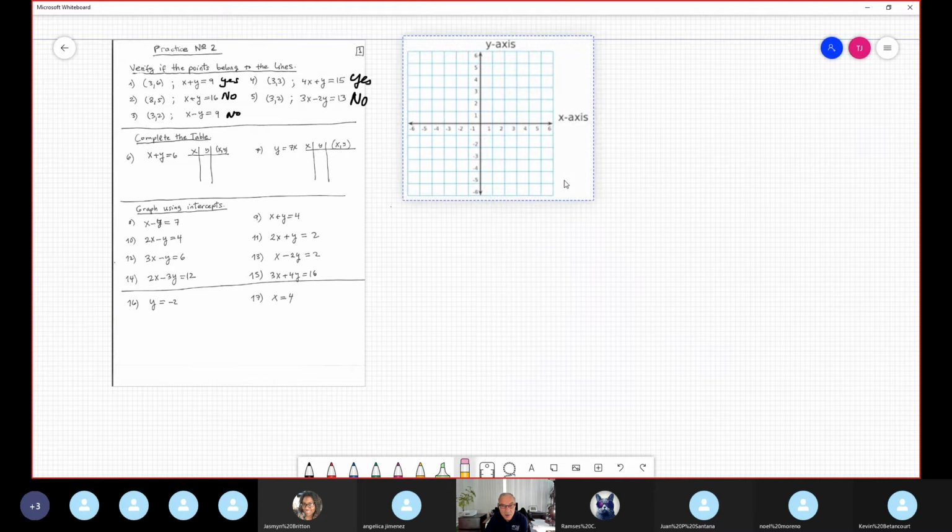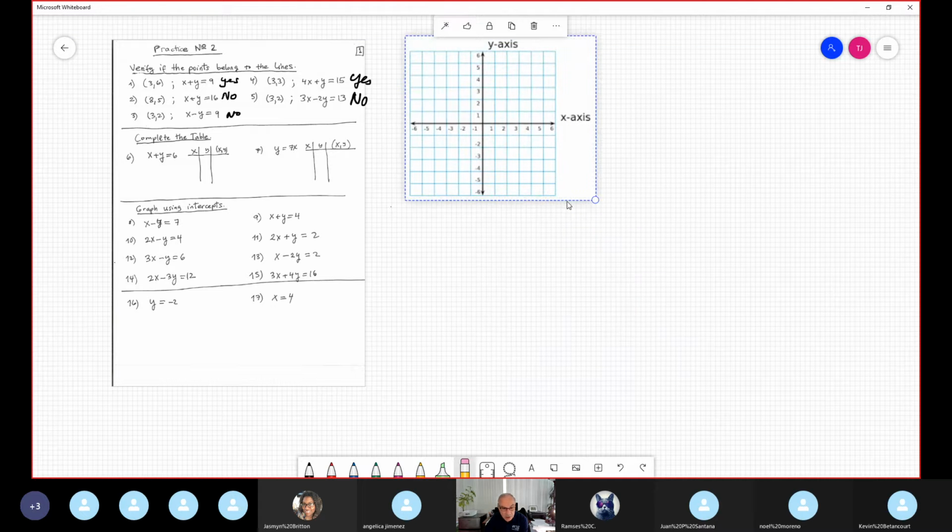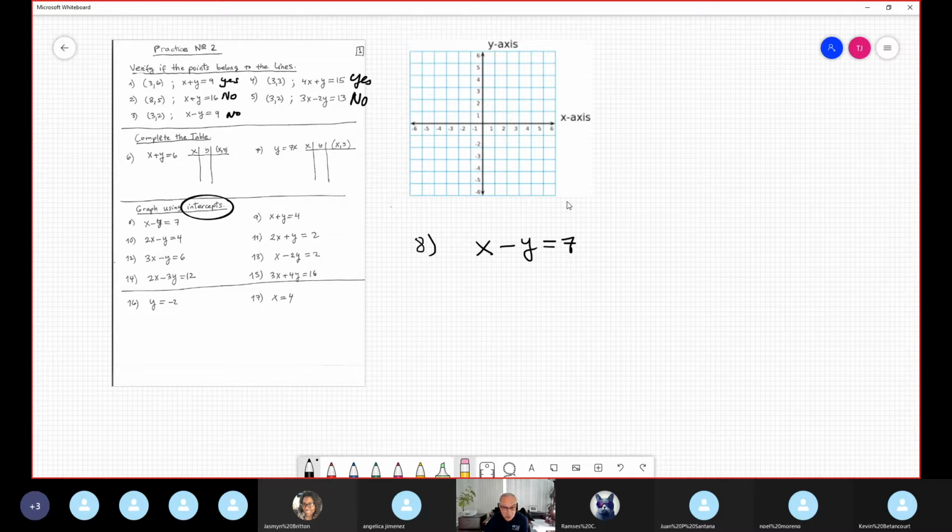Okay. Now my goal is to do the graph of number 8. Number 8 is x minus y equals 7. You're using intercepts, because an intercept is a special point in which the line crosses the axis.